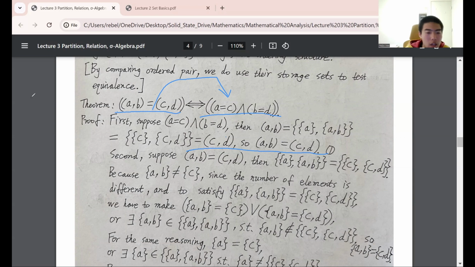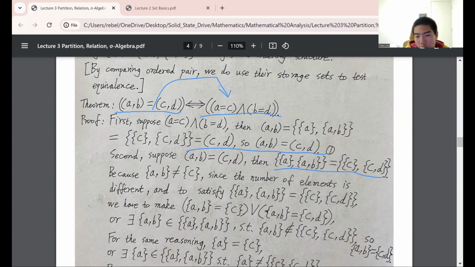So yeah, let's analyze it. If we say (A, B) equals (C, D), then by definition we get it. So here there are some ways to analyze it. We can say if the set is equal to another set which has two elements, then one by one must be equal.